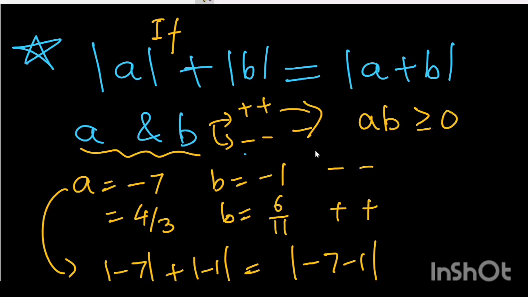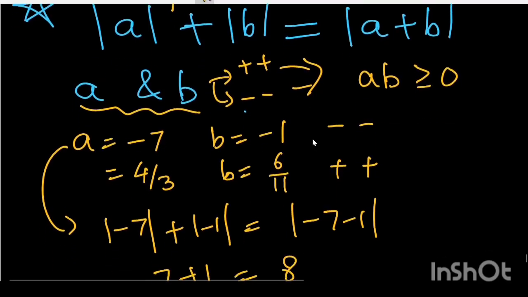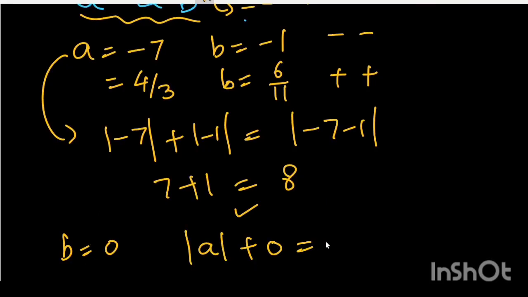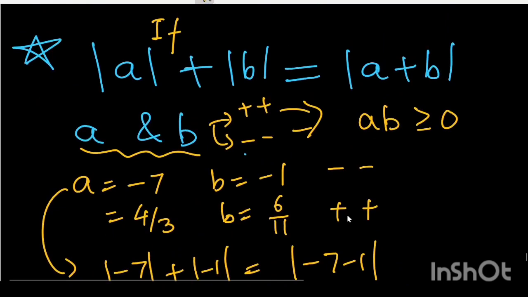Why equal to 0? Because if you take any one to be 0, like if b is equal to 0, it will still satisfy. If any one or both are 0, it will also satisfy. So if |a| + |b| is equal to |a + b|, it implies ab is greater than or equal to 0. This is what we can conclude.